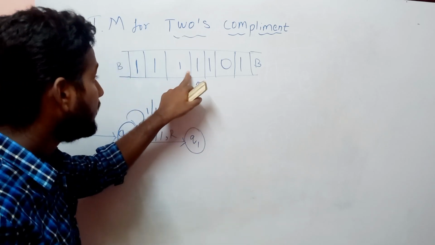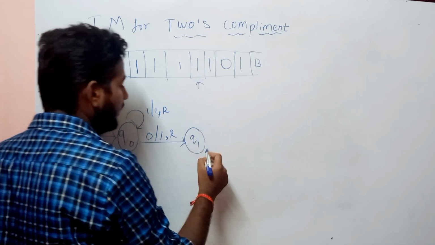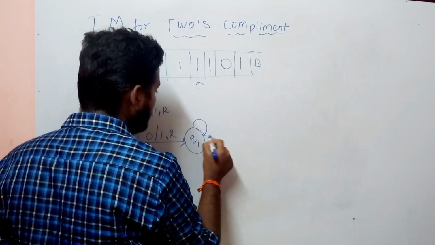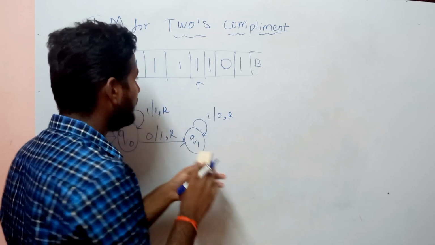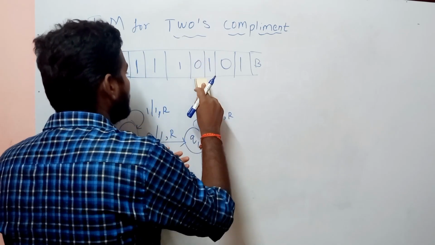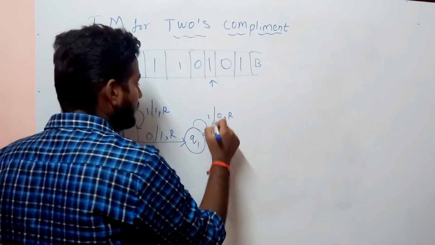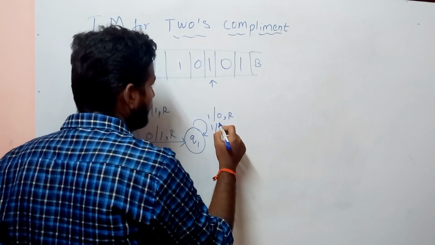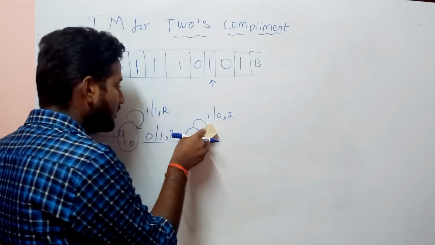Now we apply ones complement to all the right side elements. Here it is 1. This 1 changes to 0 and the pointer moves to the right. This 1 changes to 0 and the pointer moves to the right. This 1 changes to 0 and moves in the same direction.